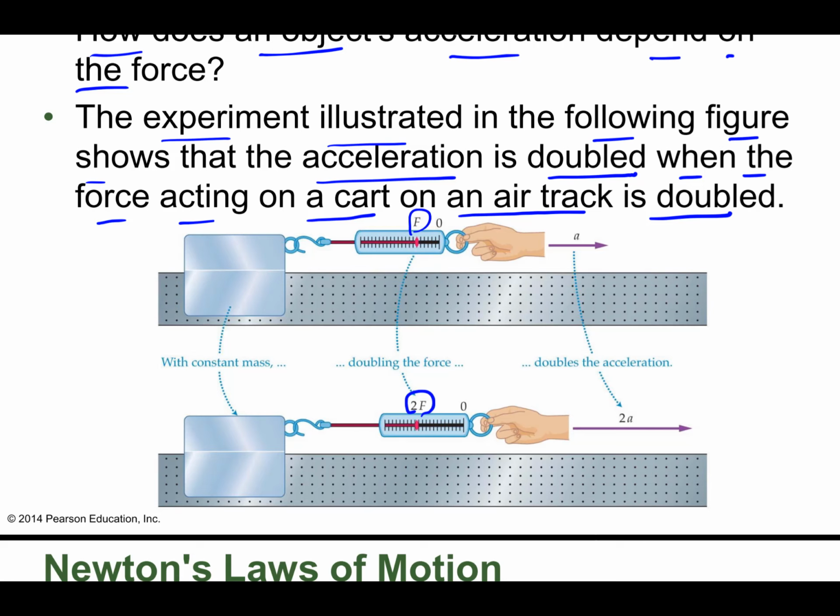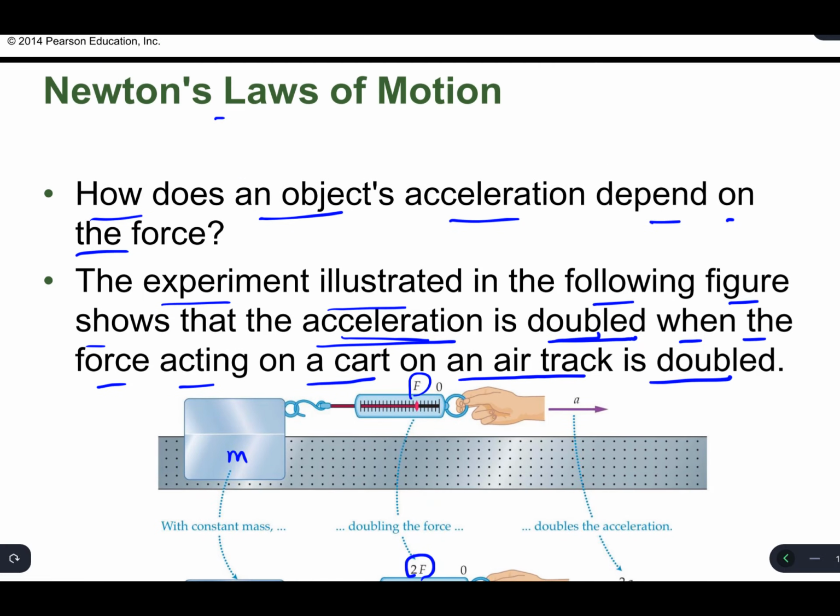So if the mass is the same, what happens to the acceleration? Acceleration increases. The acceleration doubles. So a is directly proportional to F. When mass is constant, acceleration is directly proportional to the force.